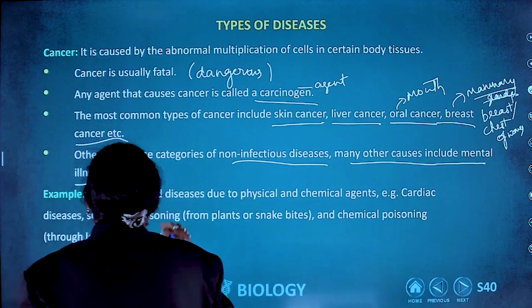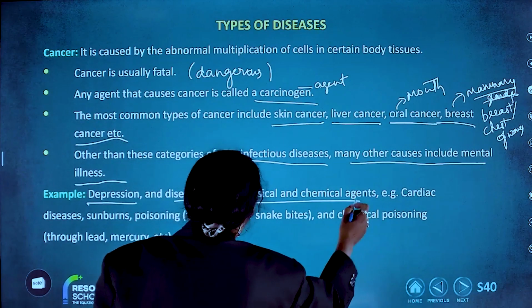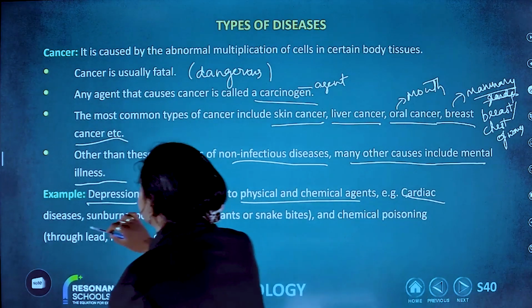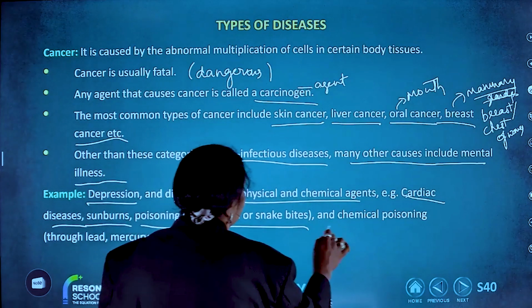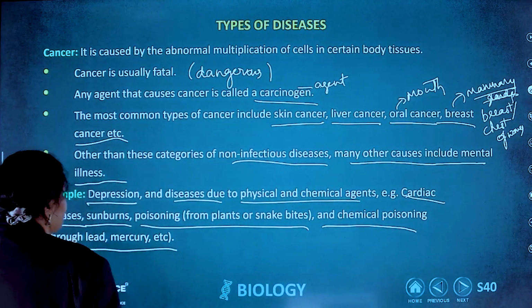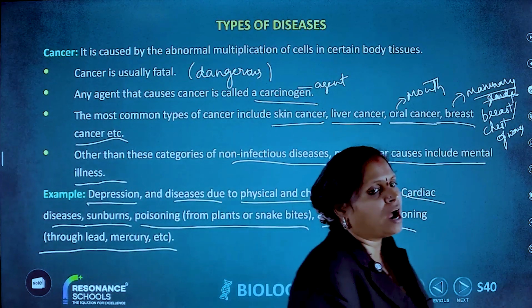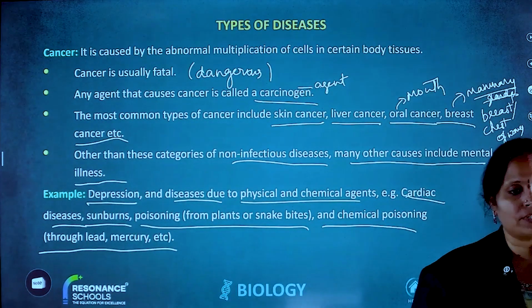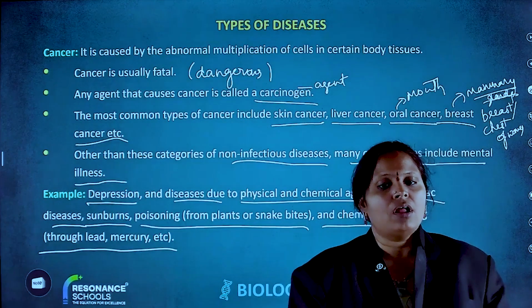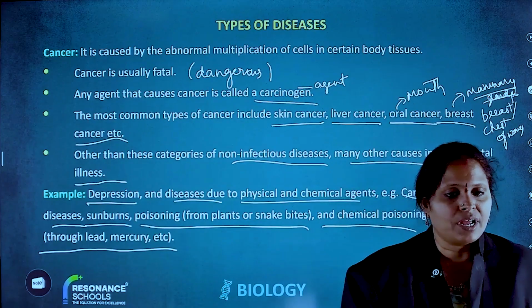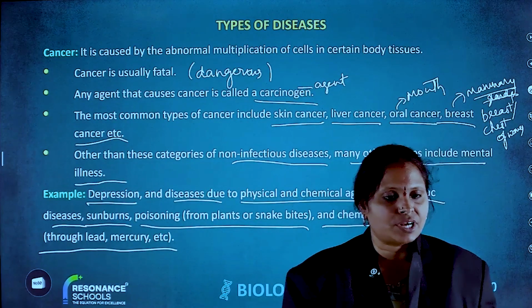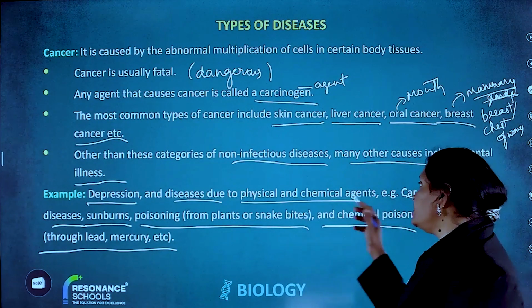And diseases due to physical and chemical agents like cardiac diseases, sunburn, poisoning from plants or snake bites, and chemical poisoning through lead, mercury, etc. So apart from infectious, non-infectious, communicable, non-communicable, we have seen mental illness like depression and diseases due to physical and chemical agents.